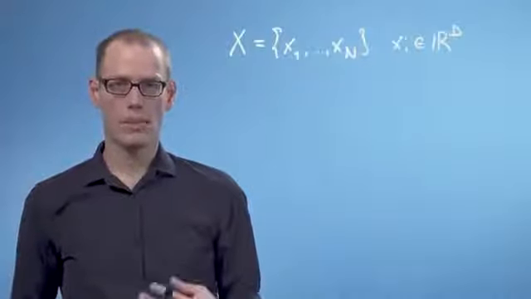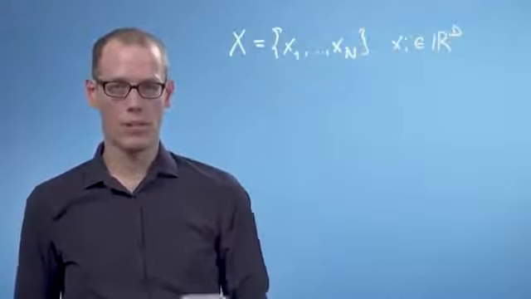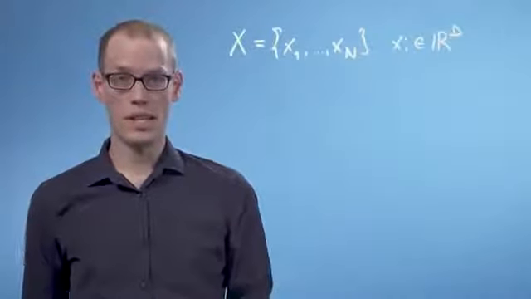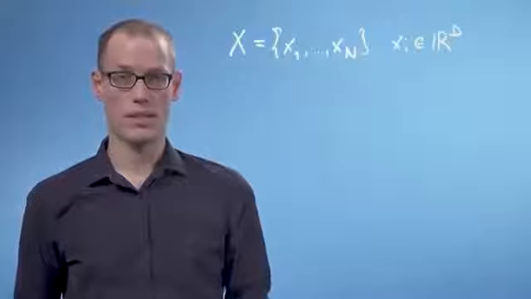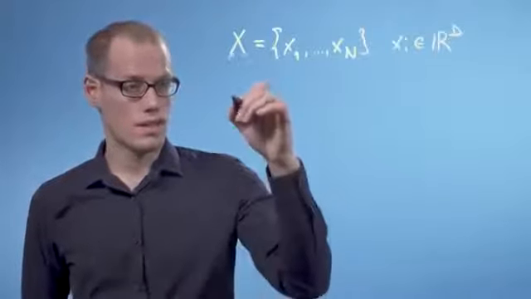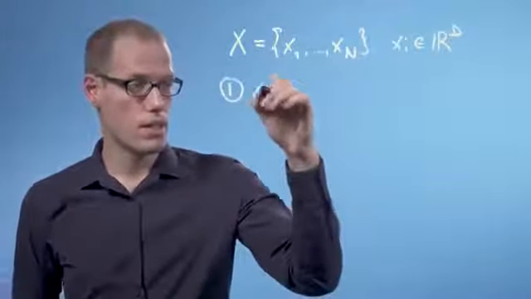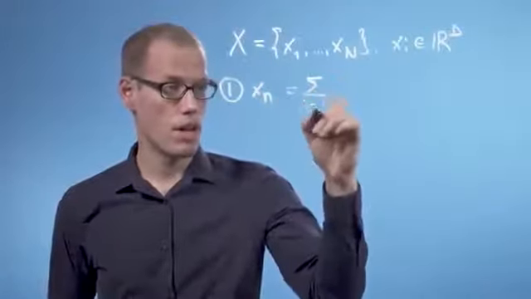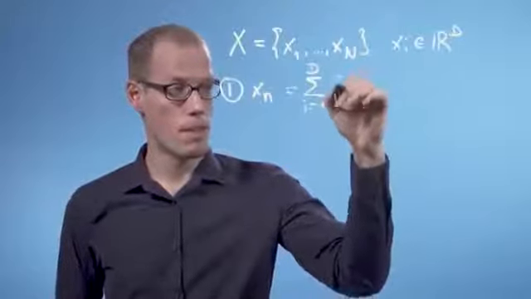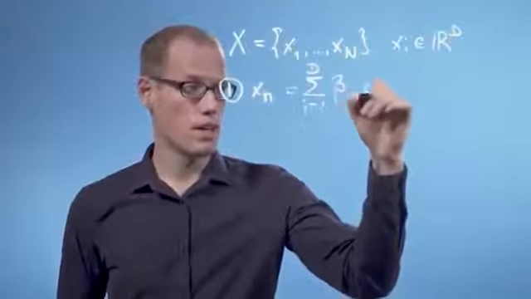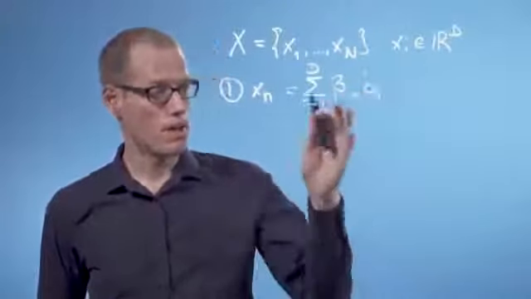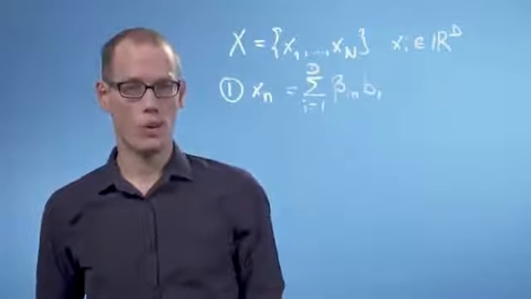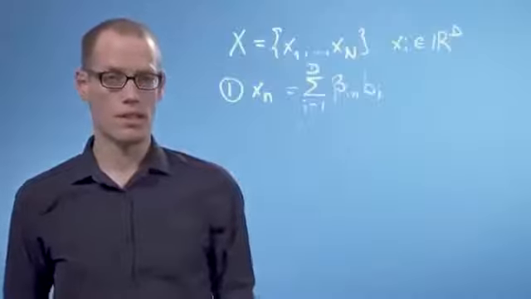Before we start, let's briefly review 3 important concepts. The first one is that every vector in R^d can be represented as a linear combination of the basis vectors. So let's write this down. We write xn can be written as the sum of i equals 1 to d of beta_in times bi, where in the following we will assume that the bi are an orthonormal basis of R^d.